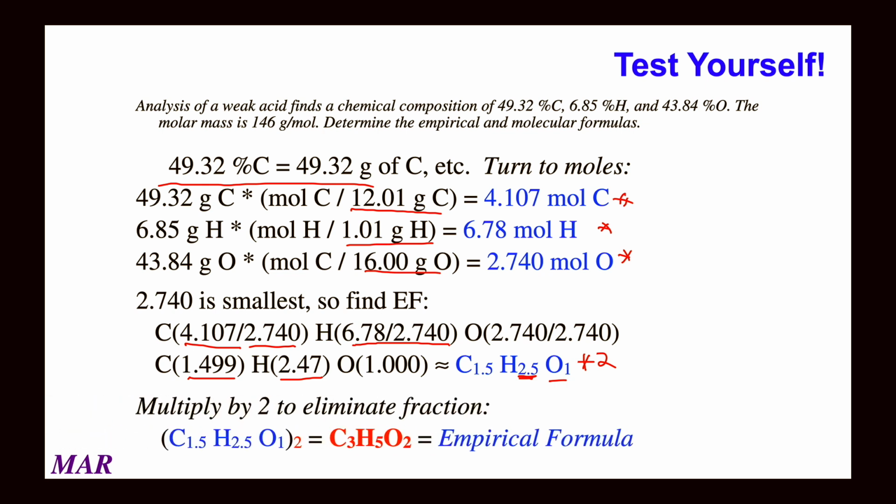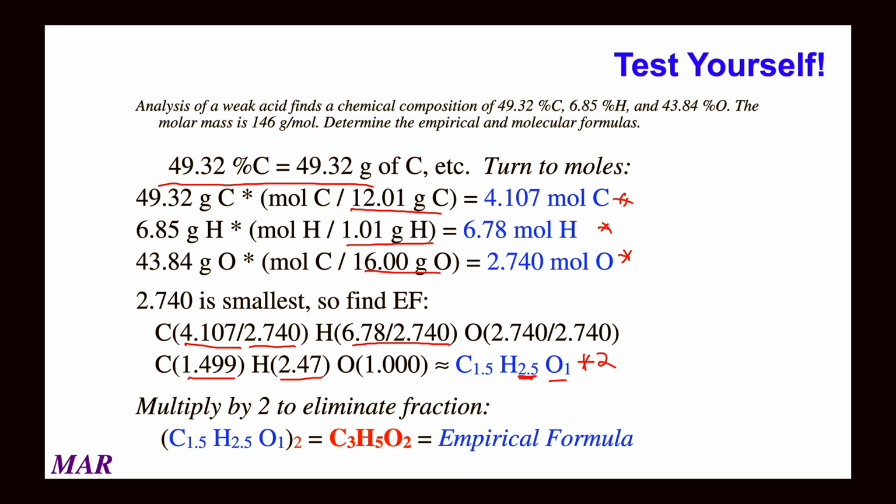So if you do that, you end up with an empirical formula of C3H5O2. Remember, don't leave anything in fractions. Chemists don't like fractions. That'll help take care of business here. So C3H5O2 is our empirical formula, and that's a great first step.